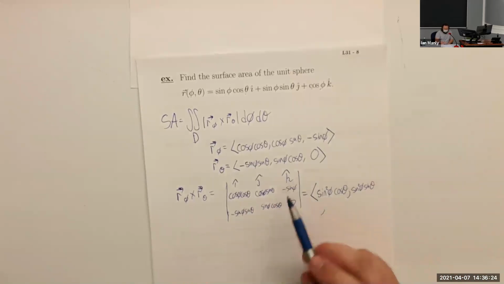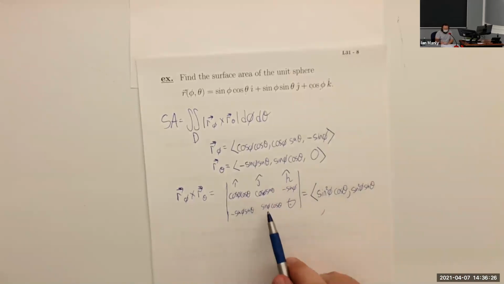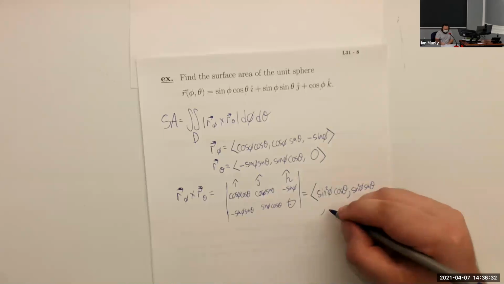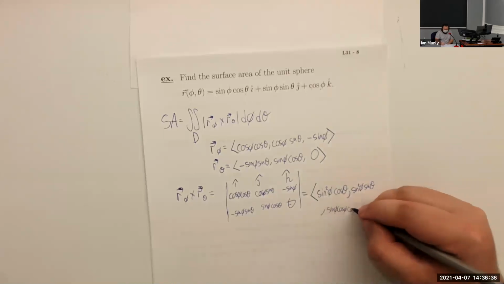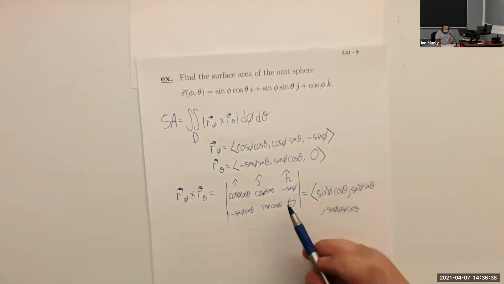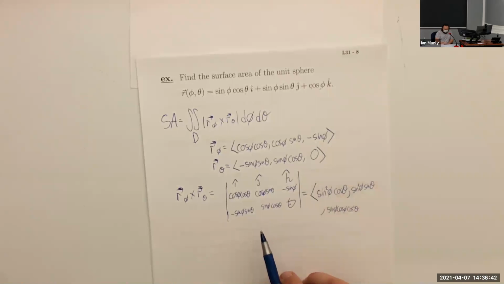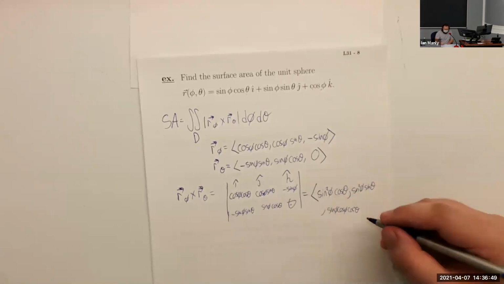And then k, we have cosine of phi cosine of theta times sine of phi cosine of theta. All right, so that's going to be sine of phi cosine squared of theta. And then what am I going to do? I'm going to subtract these two multiplied together. So I'm subtracting a negative, so I'm going to add.